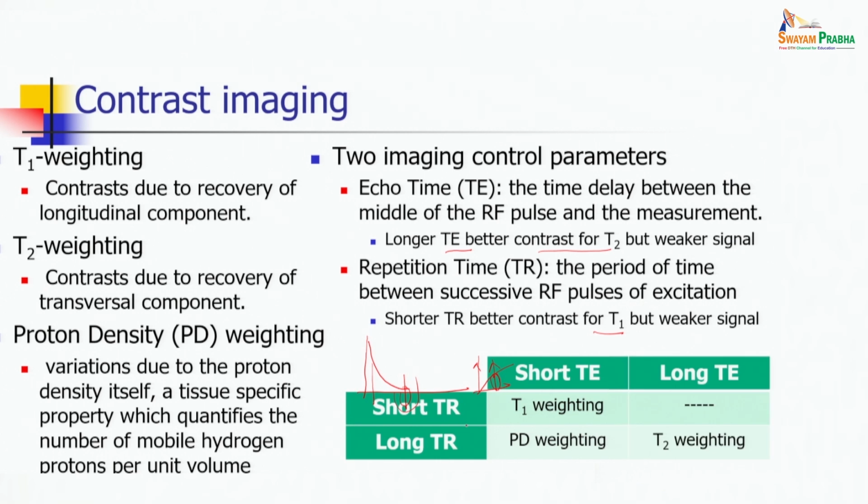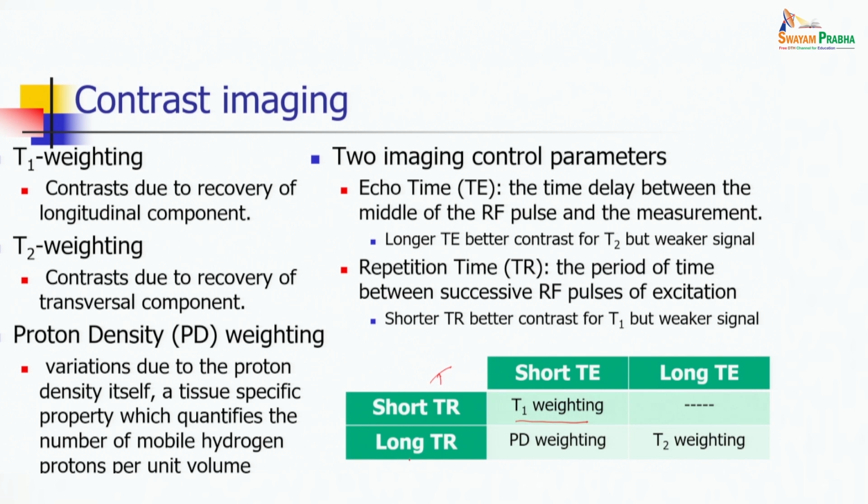If you have short TR and short TE, this is T1 weighting. The repetition time and the measurement time are both short, so accumulation of recovery is not full, recovery is partial, and you get better contrast, though the signal is weaker.